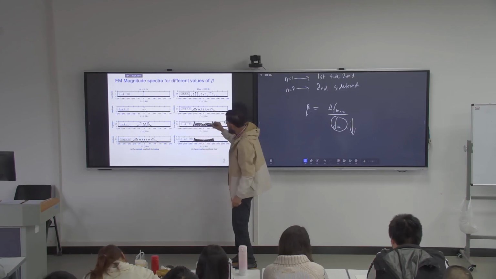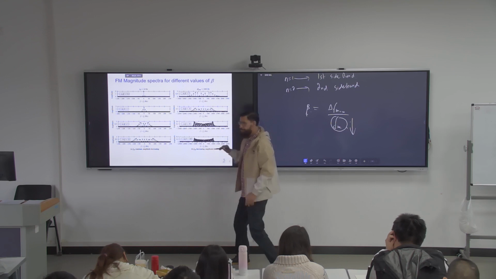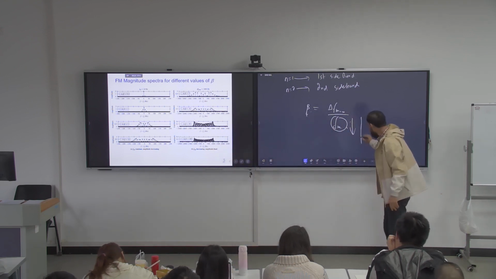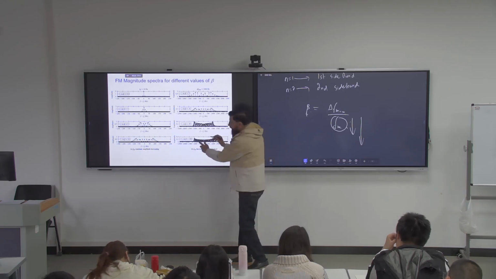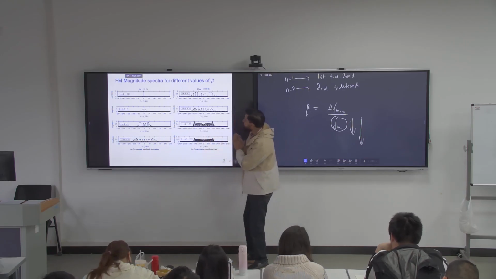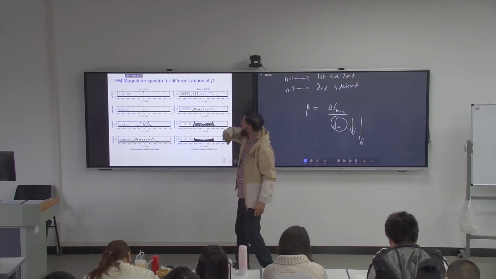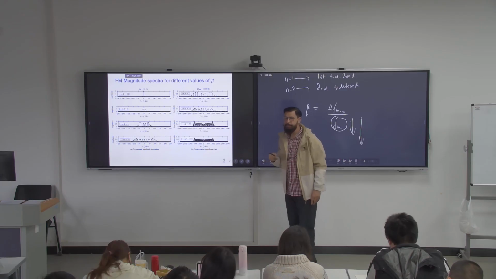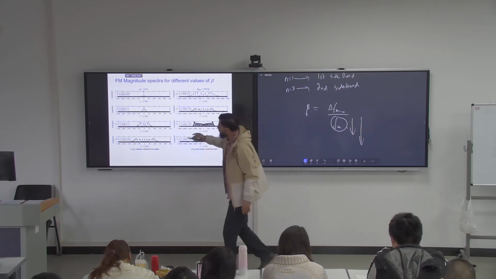So you see here and here, much denser. If you increase it to 50, FM is going down further, and they are now very close to each other, very, very close. So this is what is happening in the FM magnitude spectra for different values of beta.